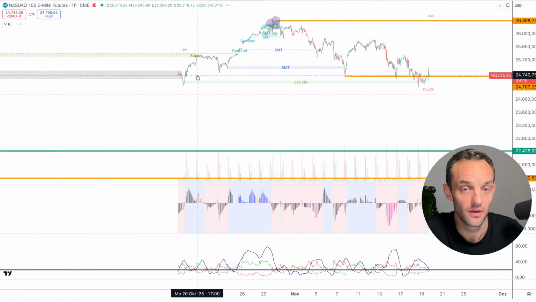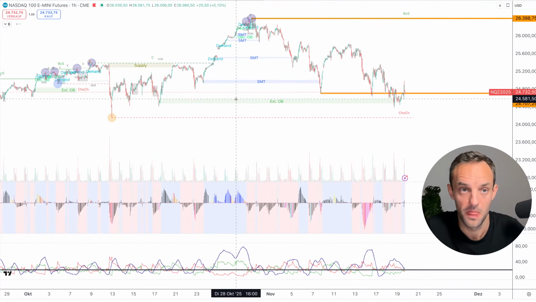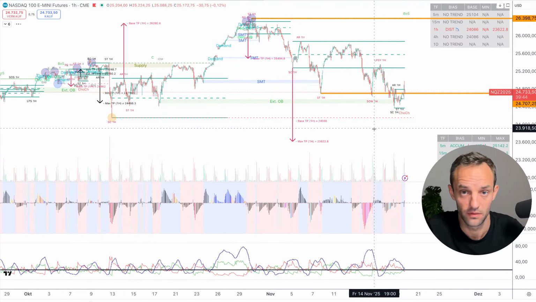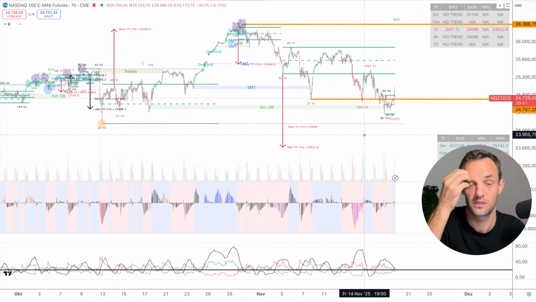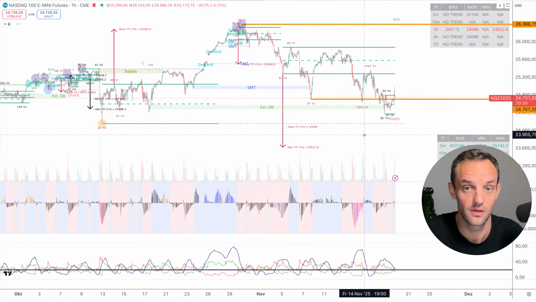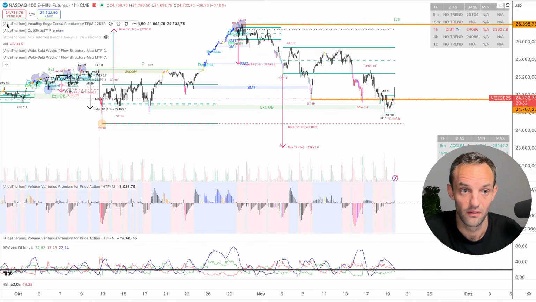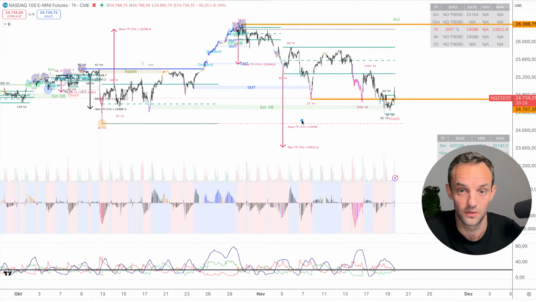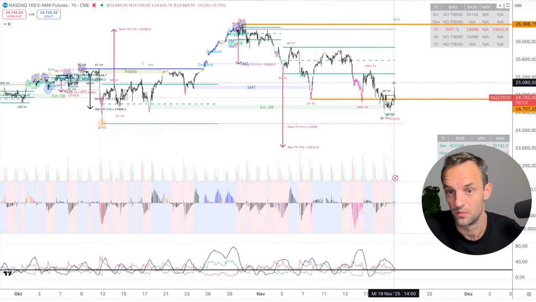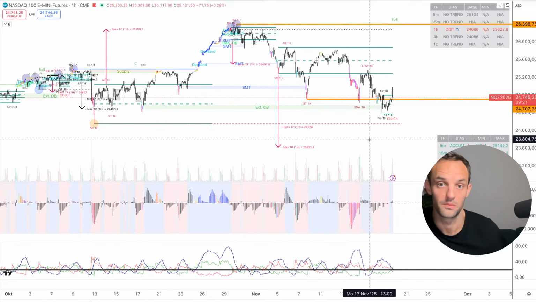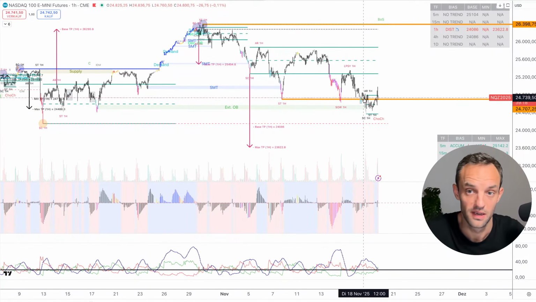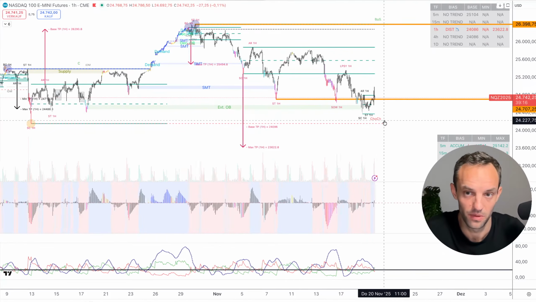When we go down to the 1-hour chart, we have, of course, smaller Wyckoff ranges, more aggressive detection, and we see here also a Wyckoff range from the red Wyckoff indicator, and also targets here at the lower end, base and max target. So everything is just going good, and this is very important.